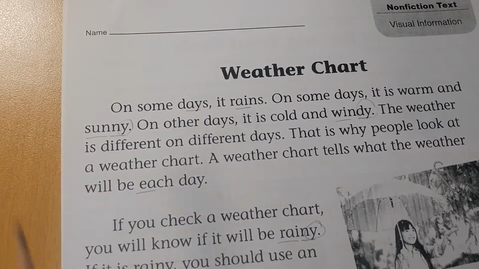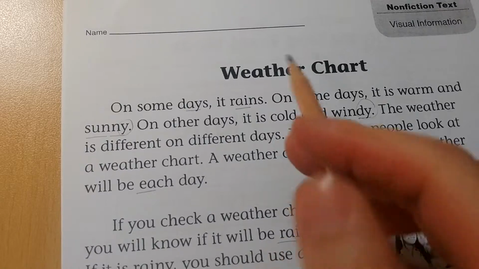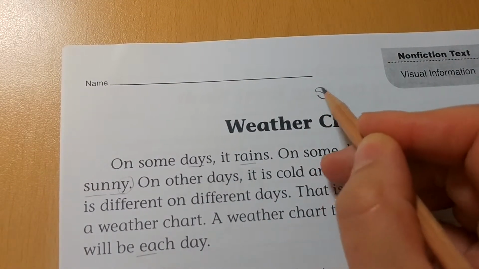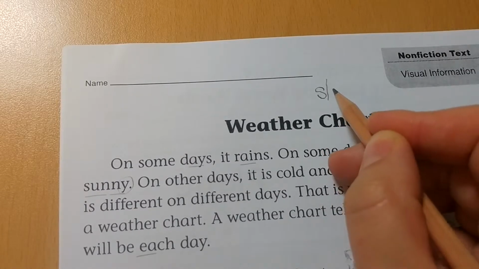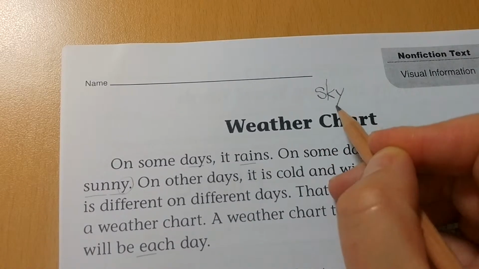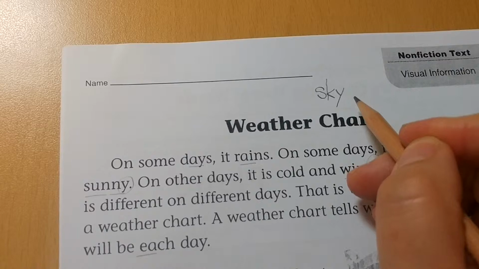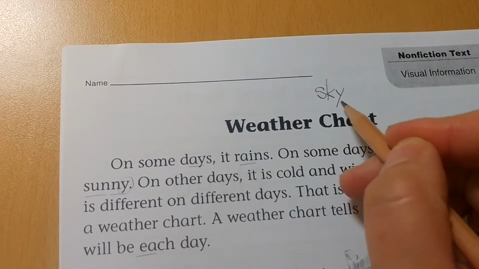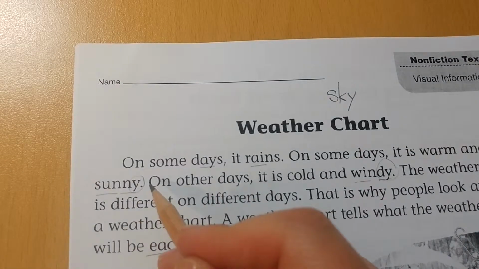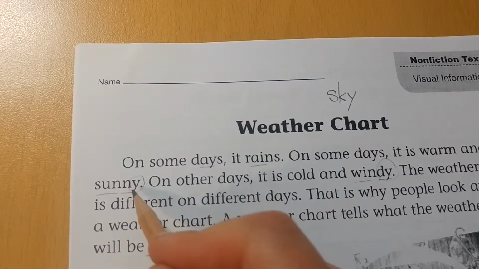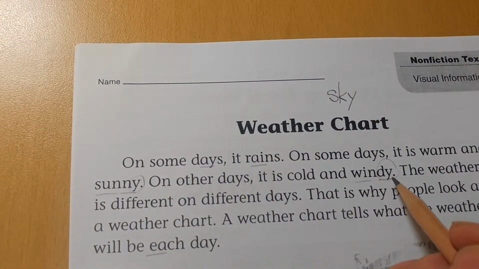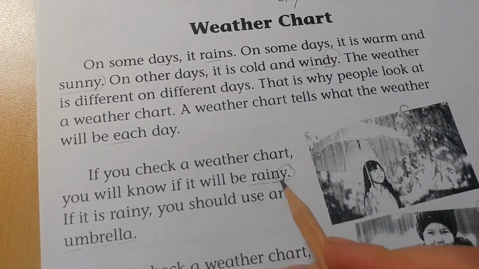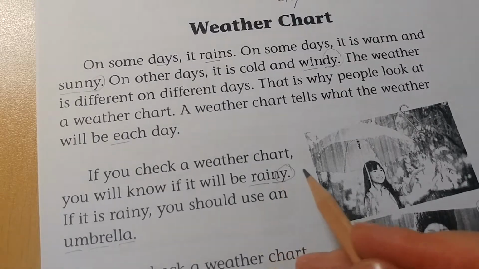But if it only has 1 syllable, like the word, let's think of a 1-syllable word. Sky, right? Sky is just 1 syllable, so the Y sounds like an I. But sunny, 2 syllables, sounds like an E. Windy, 2 syllables, sounds like an E. Rainy, 2 syllables, sounds like an E.